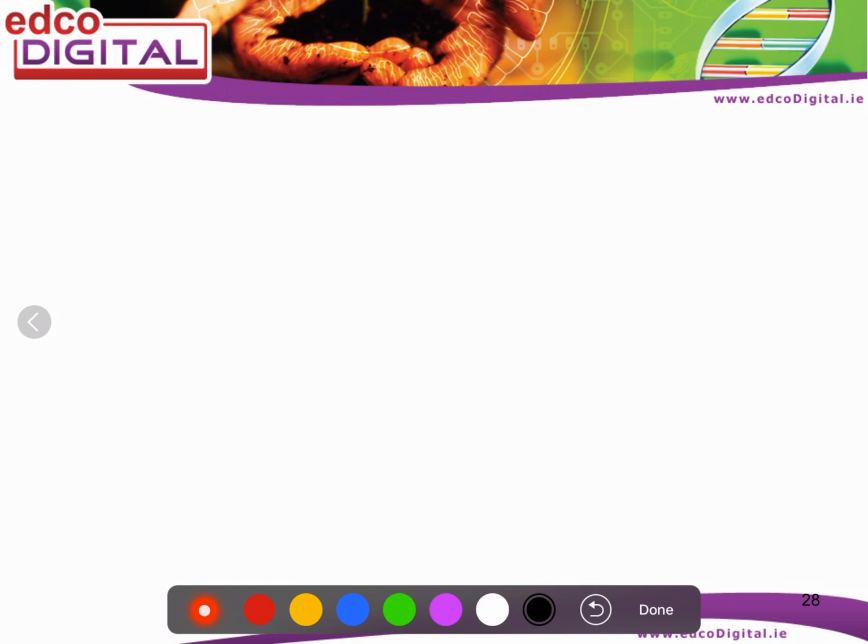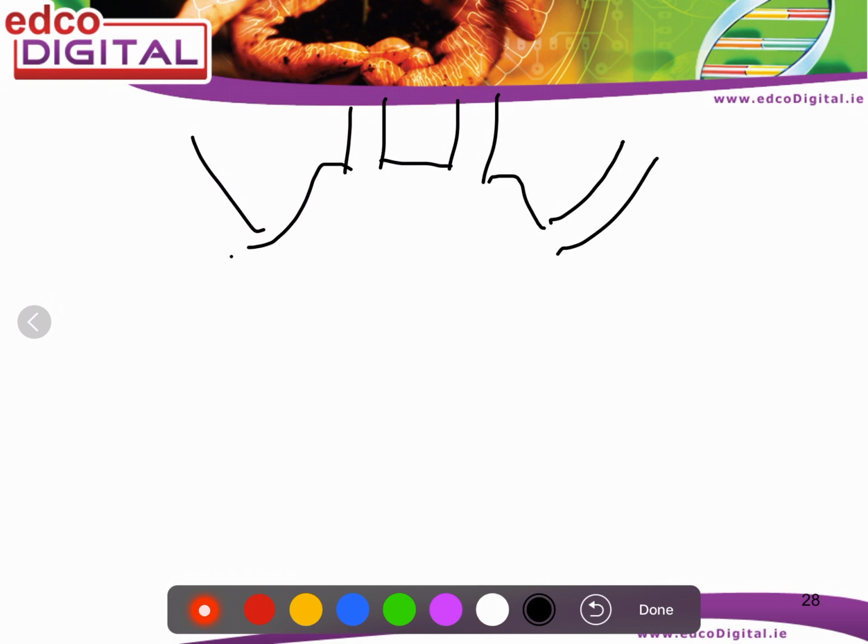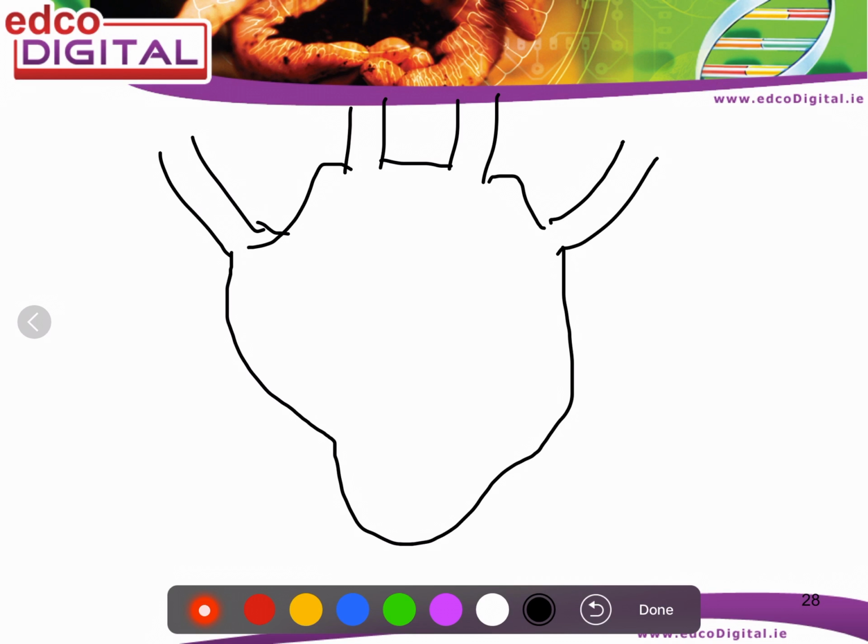So what you need to do is draw the two tubes leaving the heart here first, close it off, a slight bend, another tube out here, another slight bend, another tube out here, and close it off here. Okay, not the best start, but we'll go with this. Then you need to label the tubes. This one here is the vena cava, VC for short.